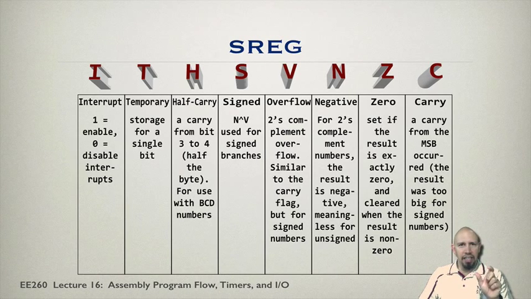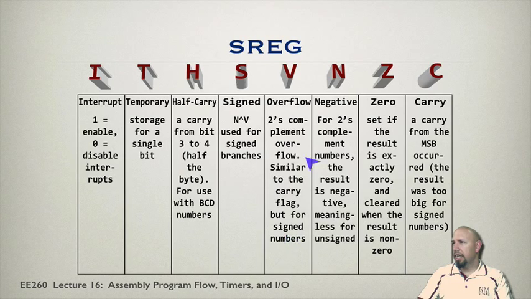If it's a signed number, that means it could be positive or negative, anywhere from minus 128 all the way to positive 127. And so 255 is really, what is it, minus 1? Anyway, so overflow.